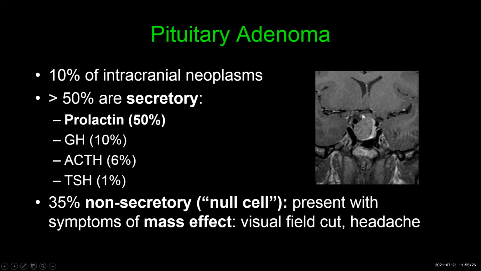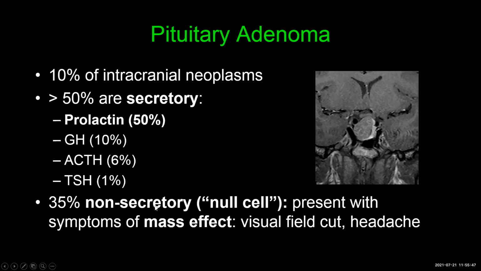These patients will present with visual field cuts because of the mass effect on the optic chiasm. And they also may present with headaches because there is dura that covers the sella called the diaphragma sella. And anytime dura is stretched, it can cause pain.